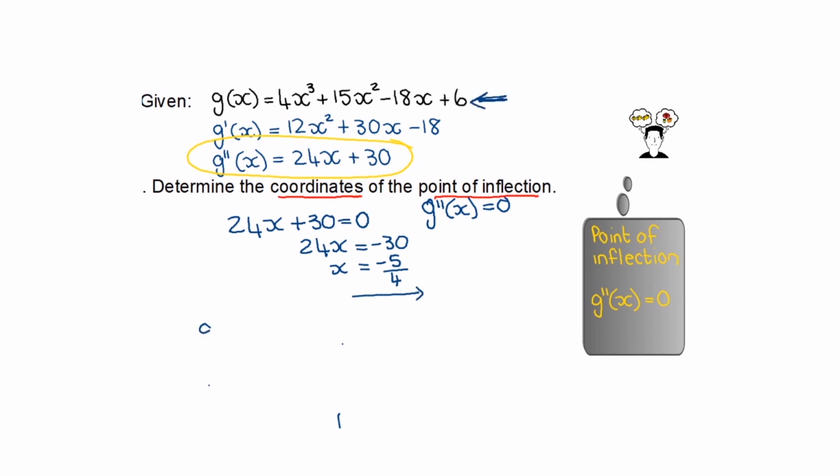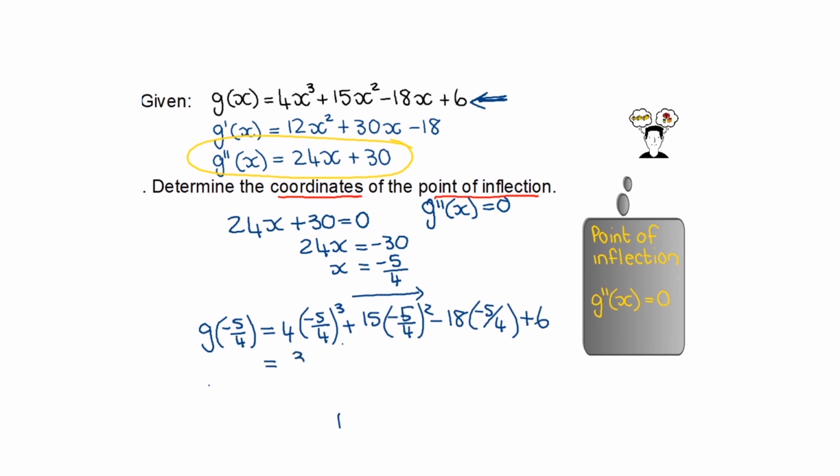But that's just the x value. What's the y value that will go with it? For the y value, I'll have to replace this x value into the original. So if I replace this x value of -5 over 4 into the original, I have to actually replace every x value with -5 over 4, minus 18 times -5 over 4 plus 6.